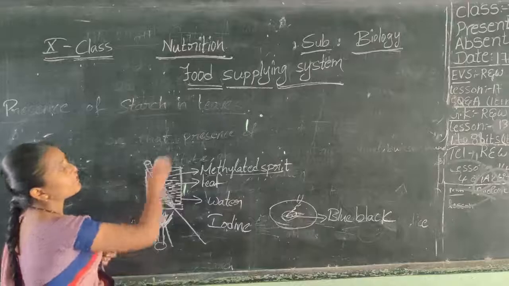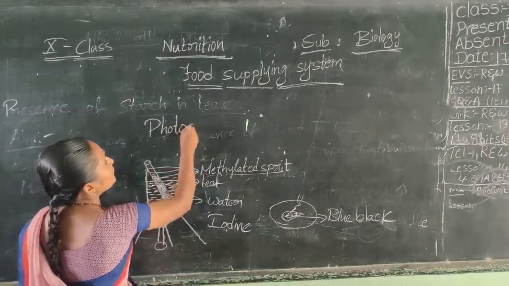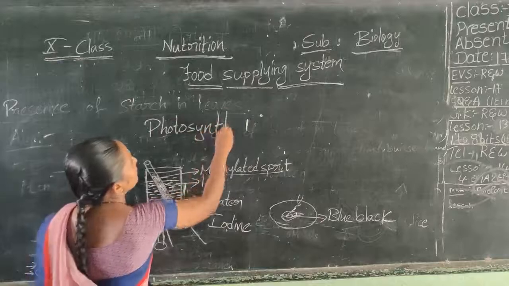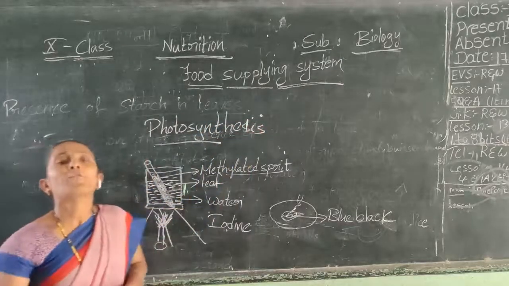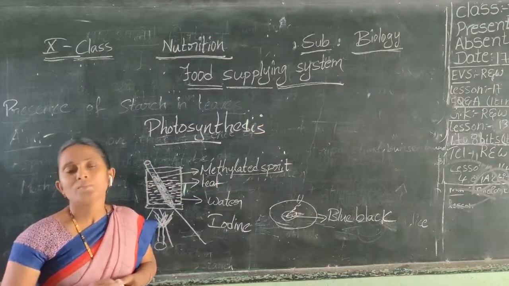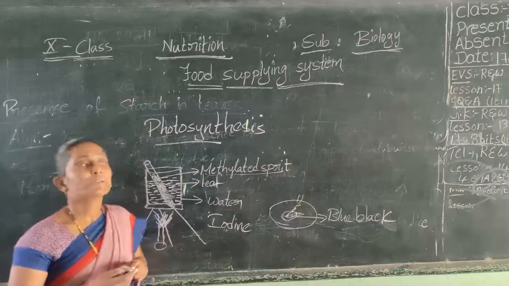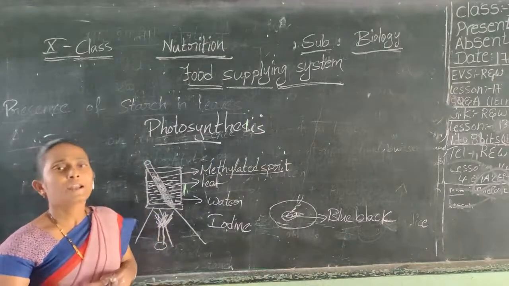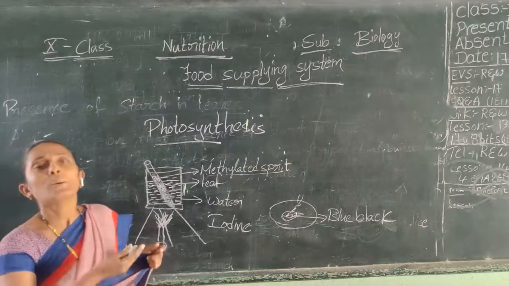So what is the definition of photosynthesis? Formation of complex molecules from simple molecules by using different types of factors. What are the factors? Carbon dioxide, sunlight, water. These are the main important factors.